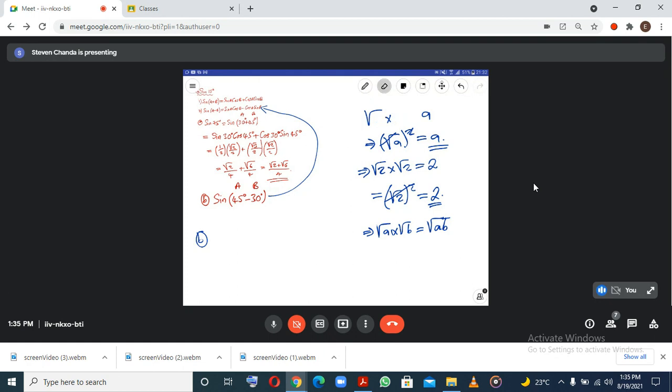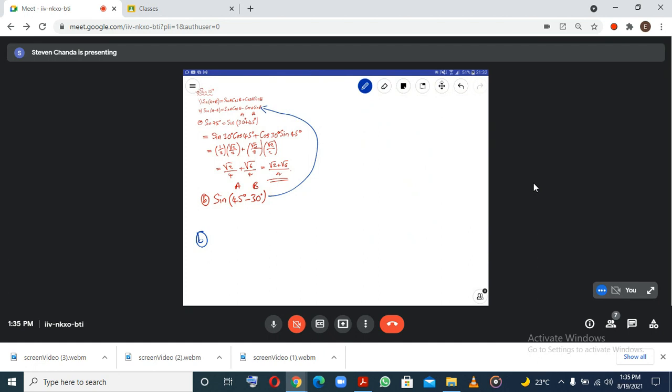So having done that, let's now go to the sum and difference formula for cosine. For cosine it is relatively easy to remember because you just start with cos, then you go with the sine.